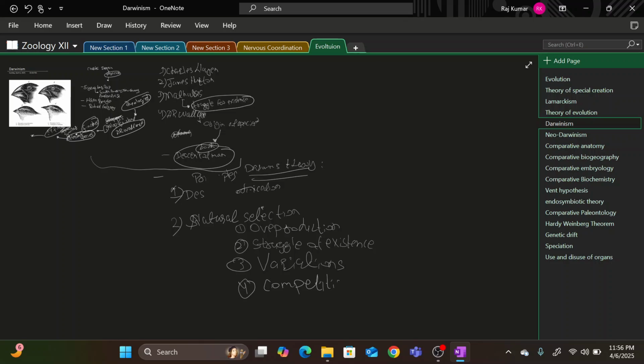After competition and variation, the organisms that have a good genetic makeup, one that makes them adaptable, survive in that environment. Those organisms are known as the fittest, and this mechanism is known as survival of the fittest.